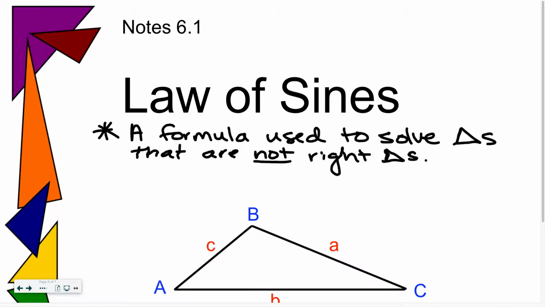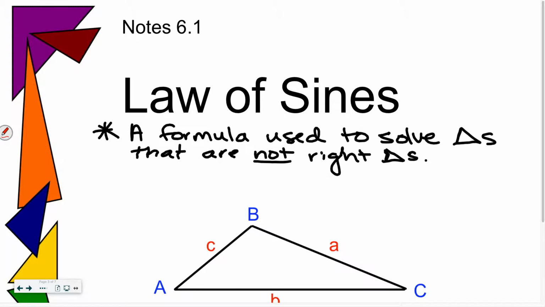So back in chapter 4 and also in geometry, you did some right triangle trigonometry. Well, we can use the Pythagorean theorem to find a missing side. We can use SOHCAHTOA to find missing sides. We can use inverse trig, like inverse sine, inverse cosine, inverse tangent to find missing angles. But those things only work if the triangle is a right triangle.